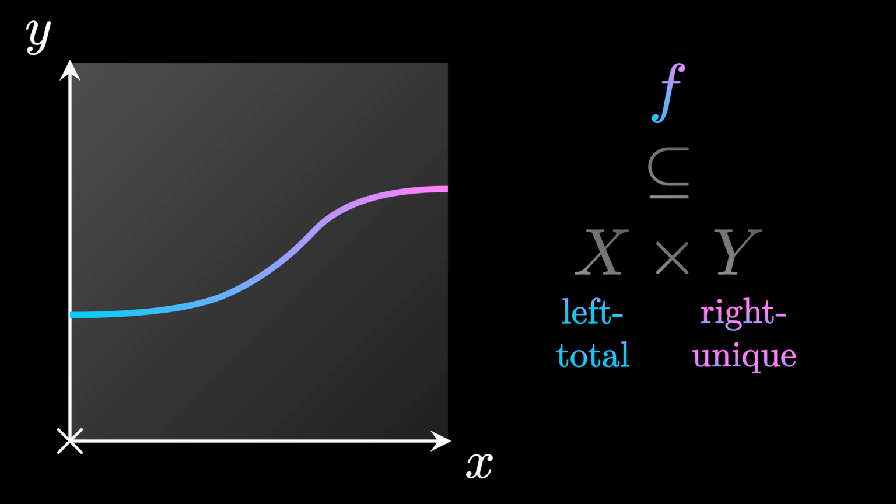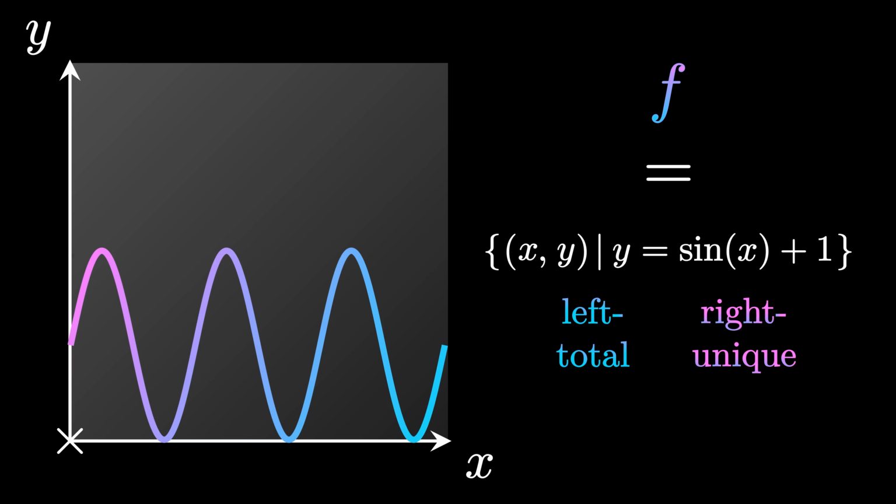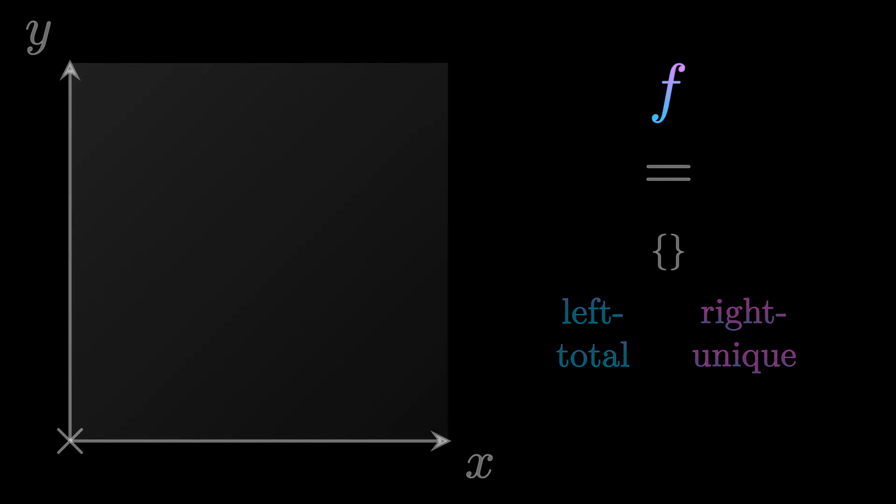And as before, it is more interesting to select only pairs that satisfy a certain condition. For example, all pairs x-y where y equals x squared, or the sign of x plus 1. It is also interesting that the empty set is a function. Feel free to write a proof in the comments.